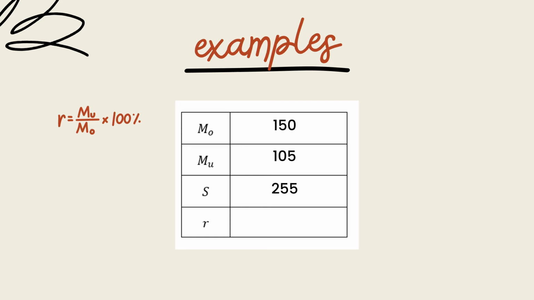So, for the formula of R, you have M sub U over M sub O times 100%. So, R is equal to 70%.